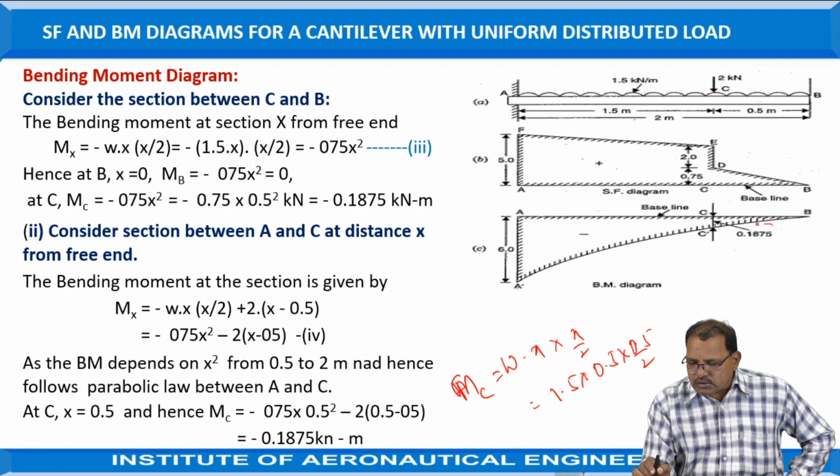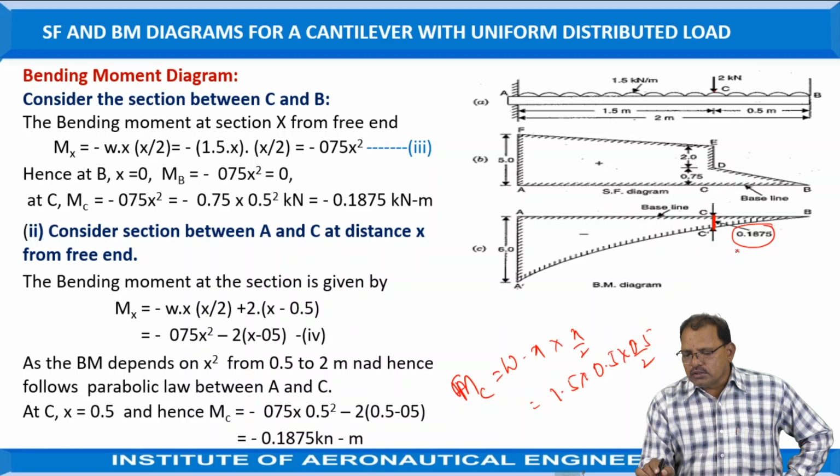So you have to take a vertical line representing 0.1875. Join B and C; since it depends upon the square of the distance, that is W x square by 2, join these points using a parabolic curve.